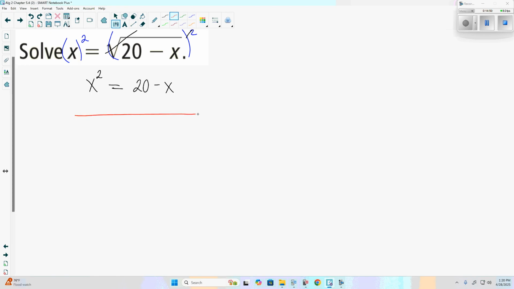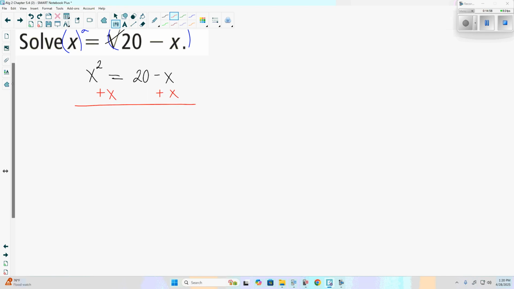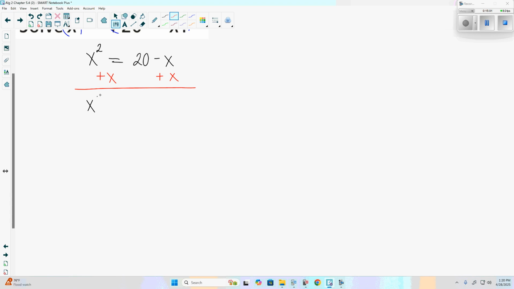At this point here, we need to get this equation equal to 0. We can add x, we could subtract 20 first, it doesn't matter which. Because if we add x first, we get x squared plus x equals 20. Then we minus 20.